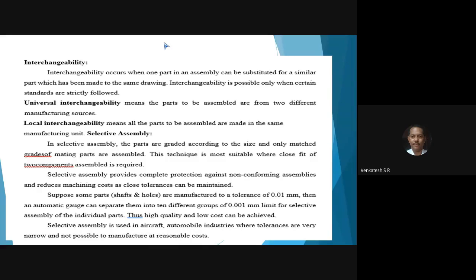That is known as interchangeability. Say one thing, if you have a mixie manufactured by Prestige and other companies, the same company sells the mixies in America.